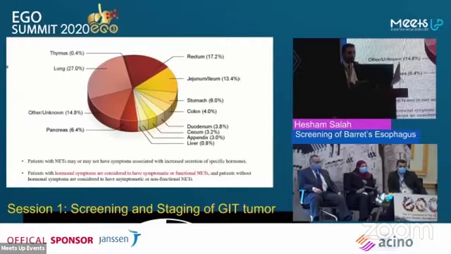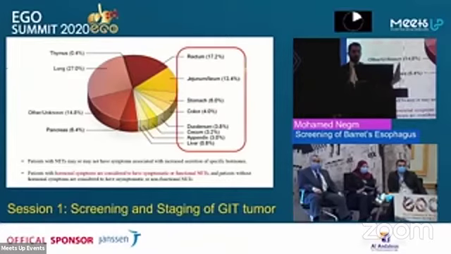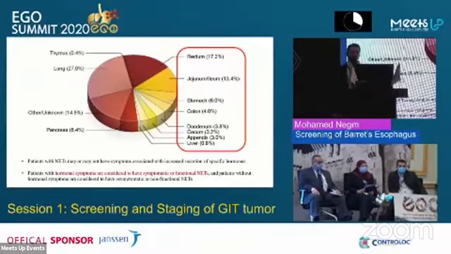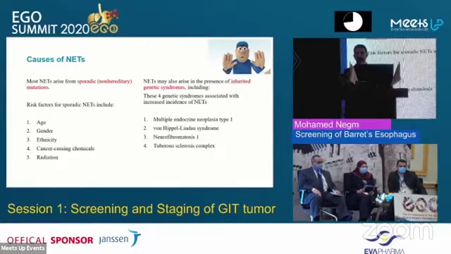As I mentioned before, the cells are distributed all over the body, and mostly they are found in the gut, in the GIT and the pancreas. And the second most important site is the lung. Do we have a specific reason why neuroendocrine tumors happen?